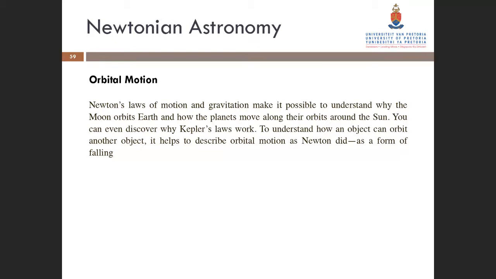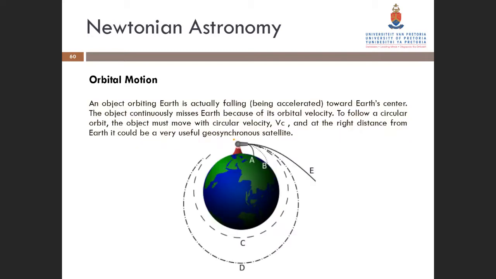So let's continue on with the slides. An object orbiting Earth is actually, so question, what was my undergrad in? I'm one of the weird and crazy people that did two undergrad degrees at the same time.